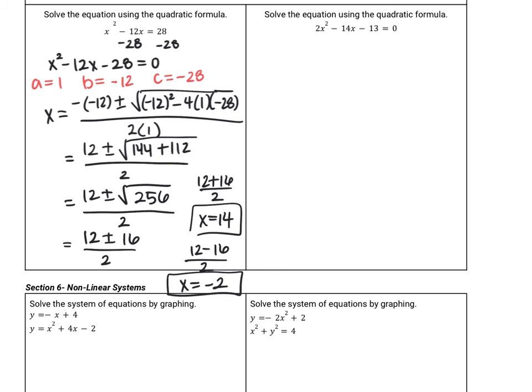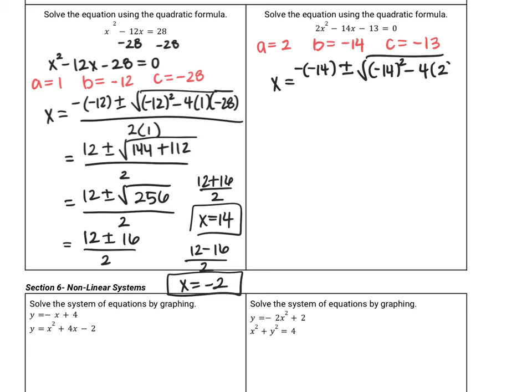Next example, 2x squared minus 14x minus 13. It is equal to 0, so we can identify A, B, and C. A is 2, B is negative 14, and C is negative 13. So we're going to plug it into the quadratic formula, and we're going to get negative 14 plus or minus the square root of negative 14 squared minus 4 times 2 times negative 13 all over 2 times 2.